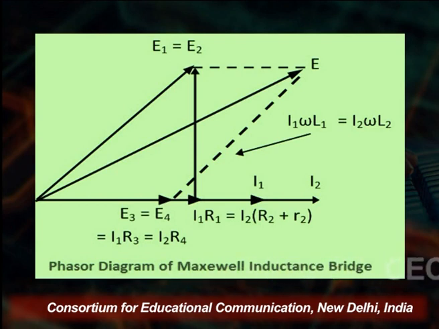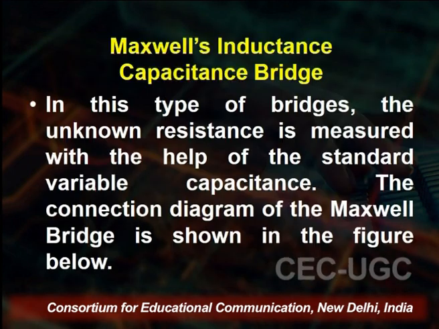E1 is equal to E2, that is the balancing condition, so I1 omega L1 is equal to I2 omega L2. It is very simple to understand the phasor diagram of the Maxwell inductance bridge. I1 R1, I1 R3, I2 R4, all are balanced.